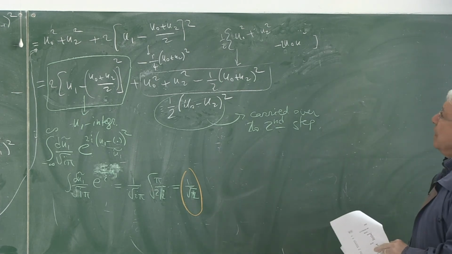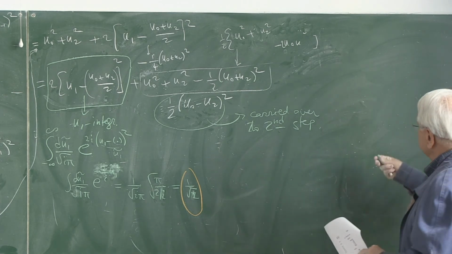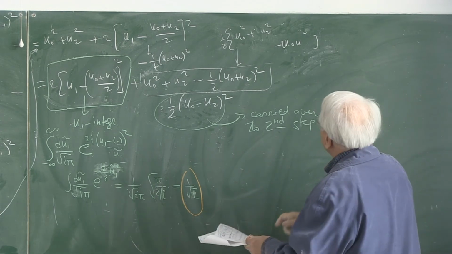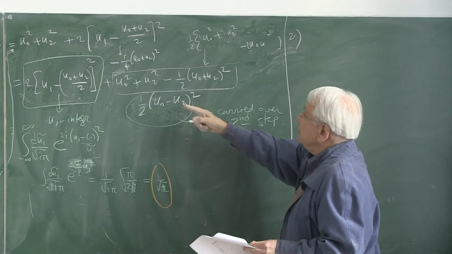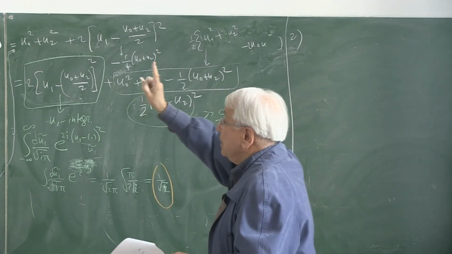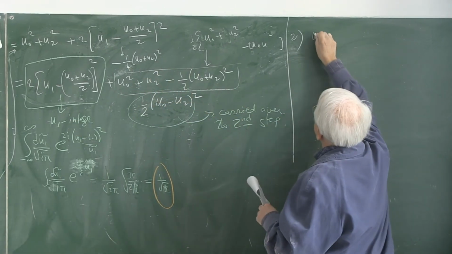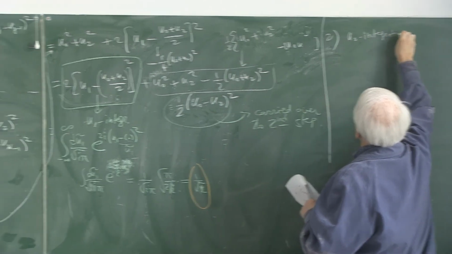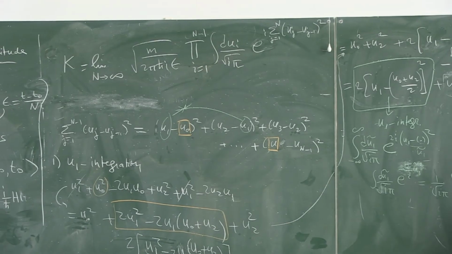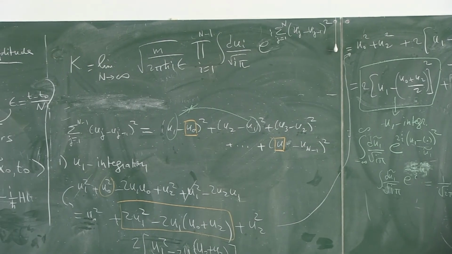Fine. Now let me go to the second step. Leftover is this one, and already existing u2 terms, right? u2 integration. So I'm interested in this u2 integration. The existing one is u2 minus u2 squared.